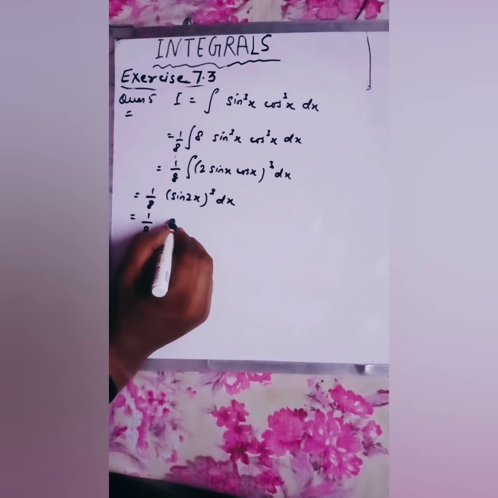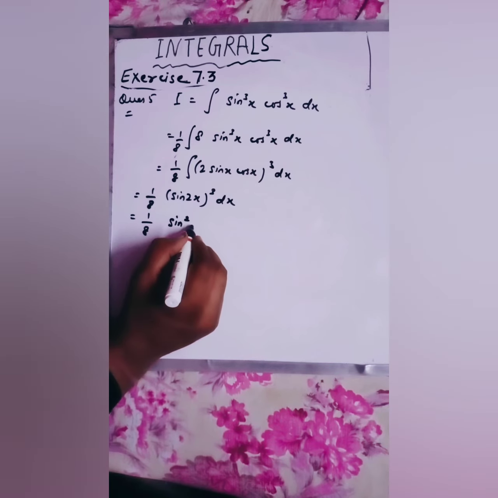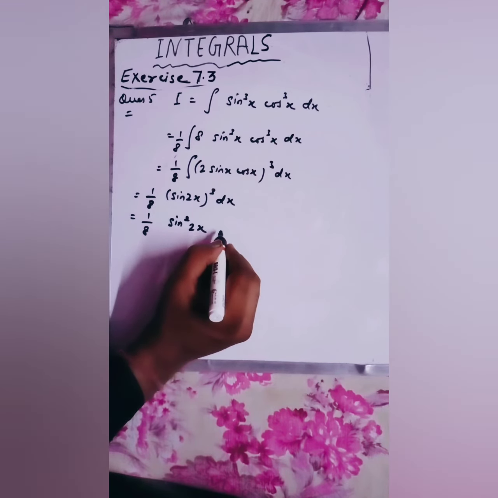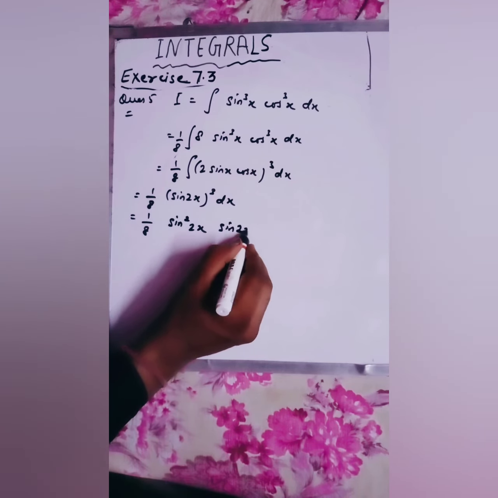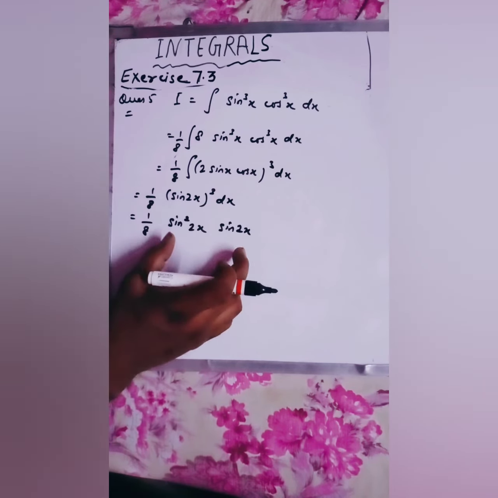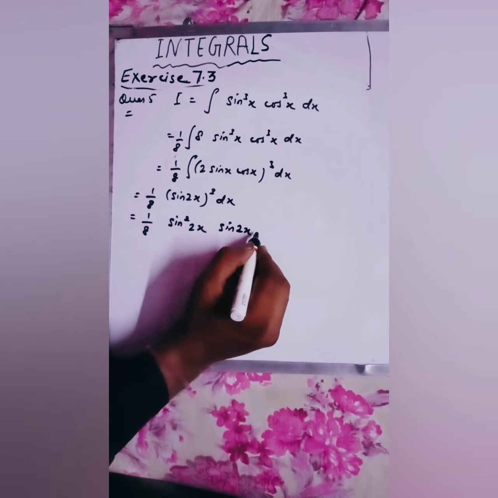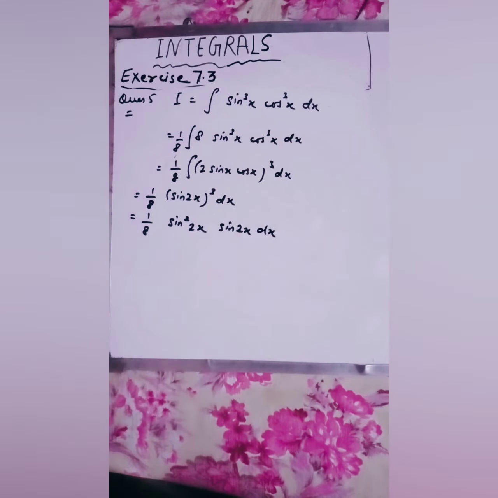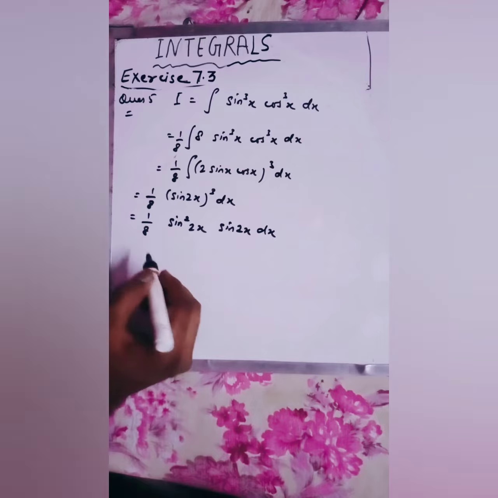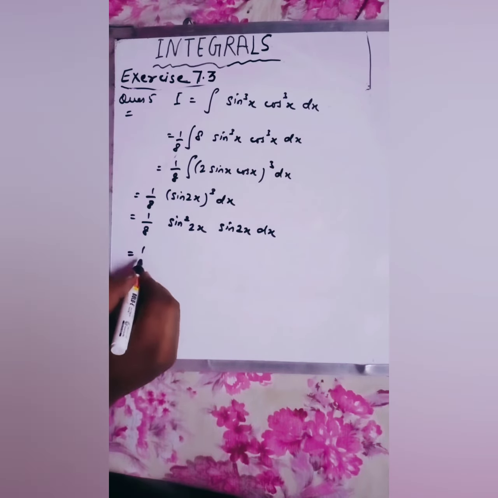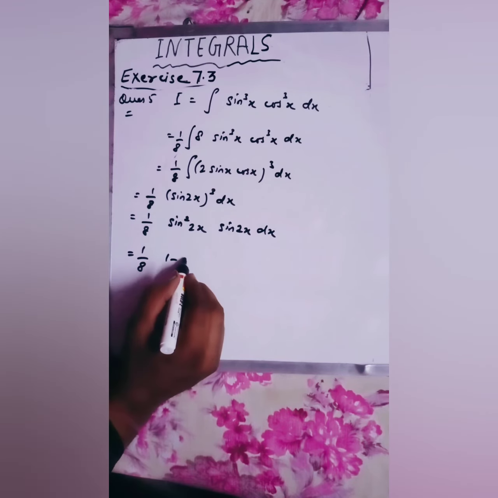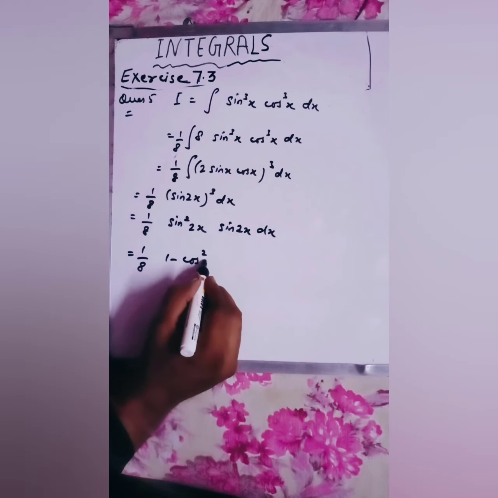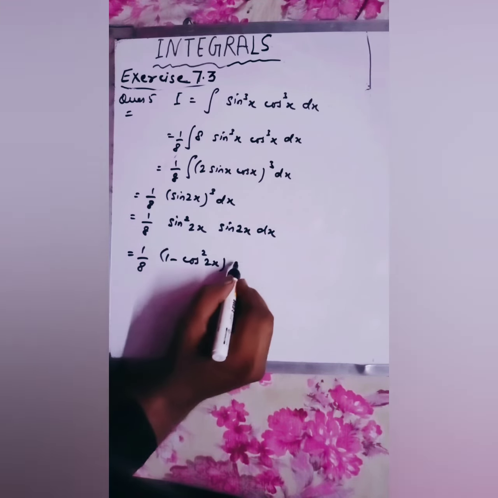One by 8 sine square 2x and sine 2x. This cube I'm writing like this. Okay, now 1 by 8, and this can be written as 1 minus cos square 2x.